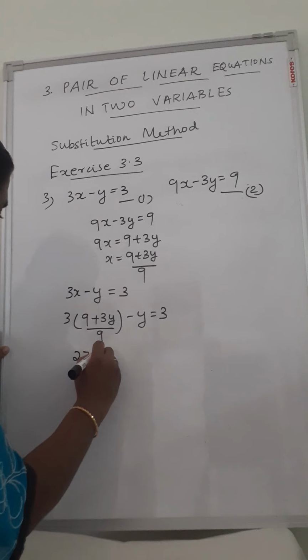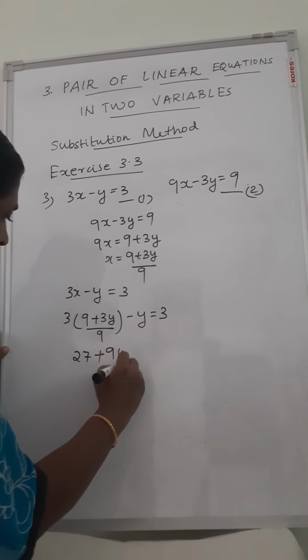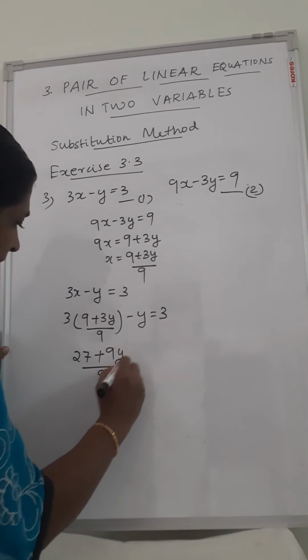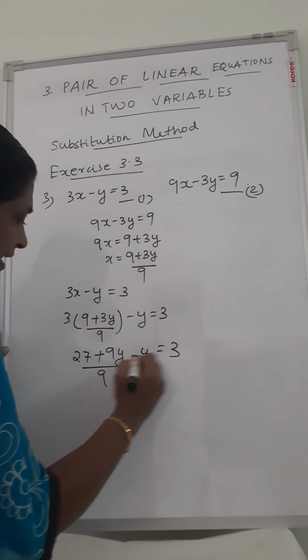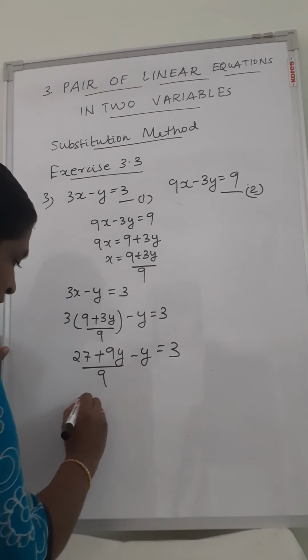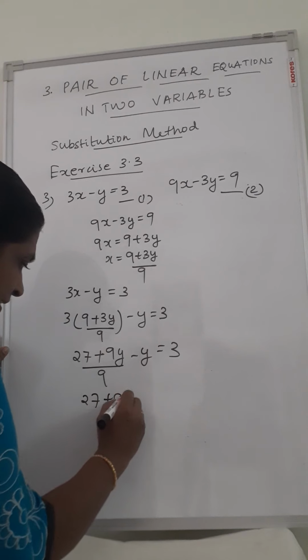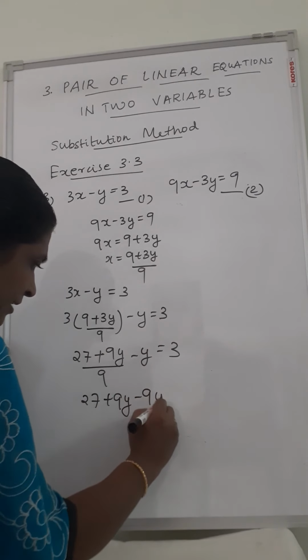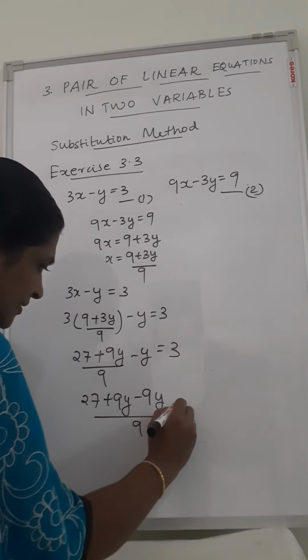27 plus 9y by 9 minus y is equal to 3. Taking LCM, 27 plus 9y minus 9y by 9 is equal to 3.